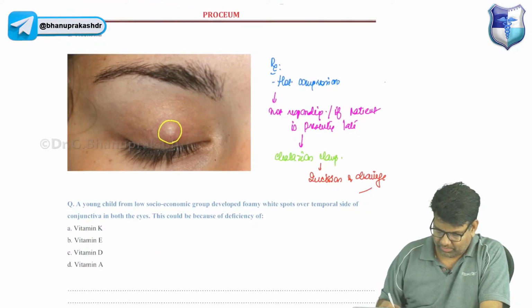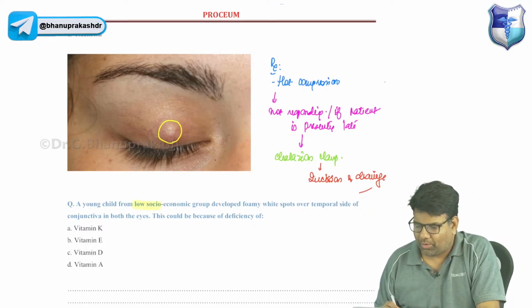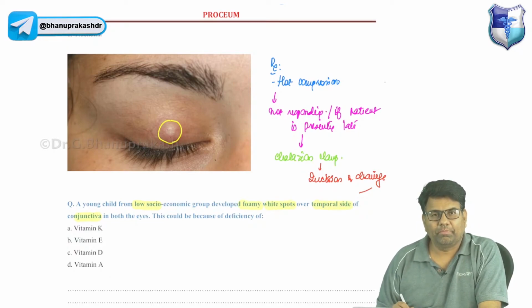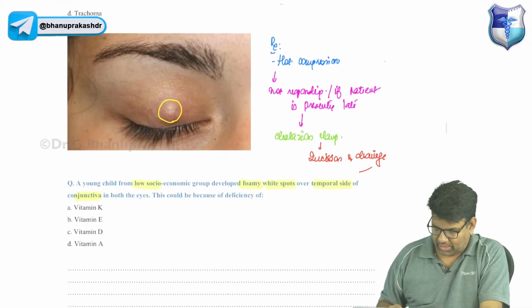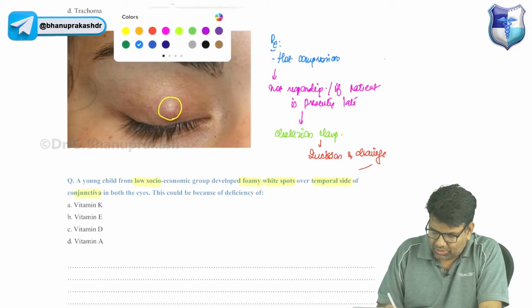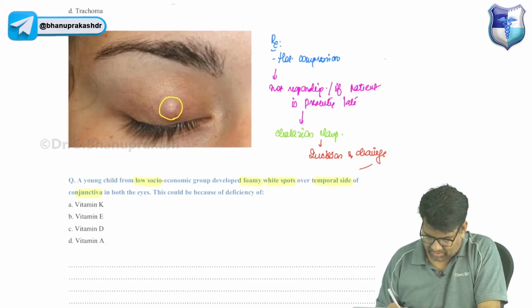Now, next question. A child from low socioeconomic group, and he has foamy white spots over the temporal side of conjunctiva on both the eyes. So the description is actually for which condition? Yes, you are right.